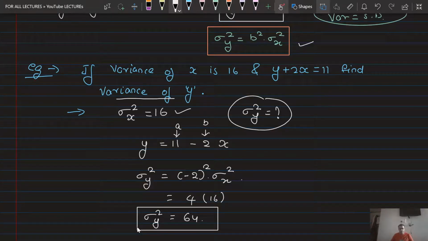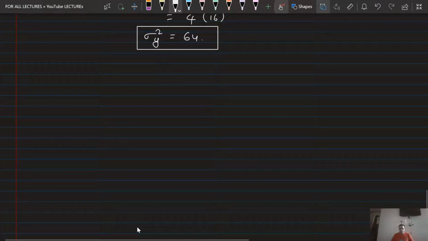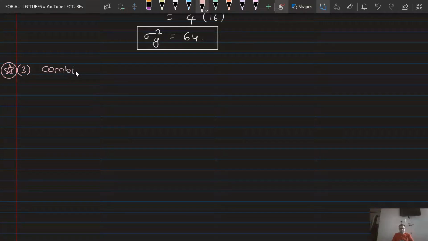Okay. So now the next and a very important property of the standard deviation, that is actually your point number 3, combined standard deviation.